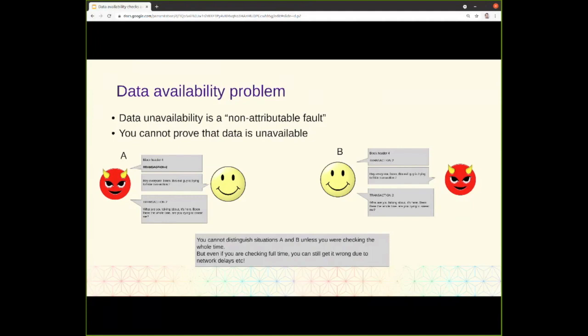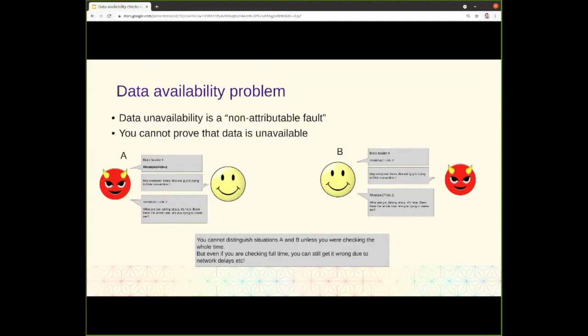And what that means is that these two situations, like I've drawn up two situations here. The first one is a fraudulent block producer produces this block header with a missing transaction. They don't publish the data for it. And then someone else says, this evil guy is trying to hide this transaction. And then they publish it afterwards, right? And so they claim it's been there all along, and whoever tried to raise the alarm just didn't see it.